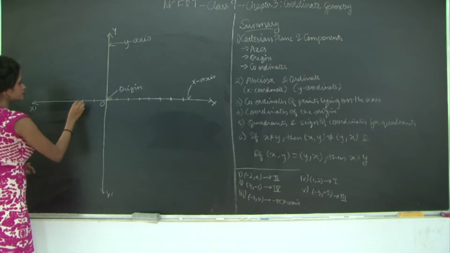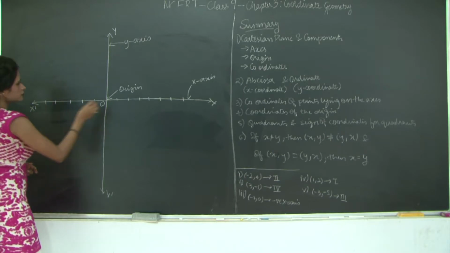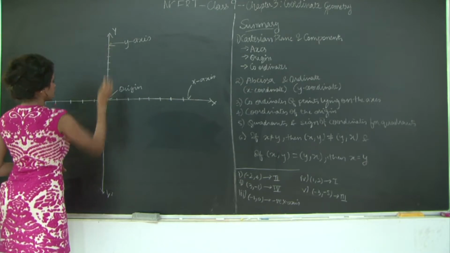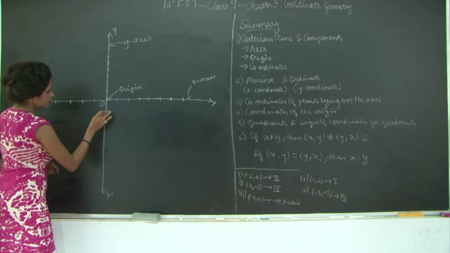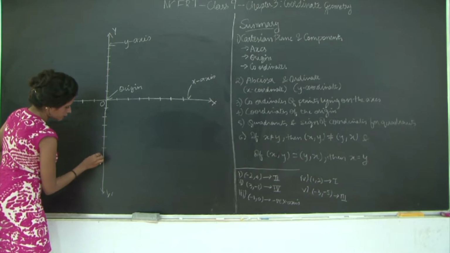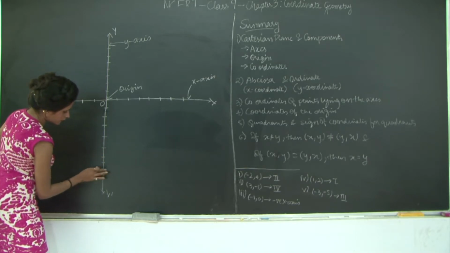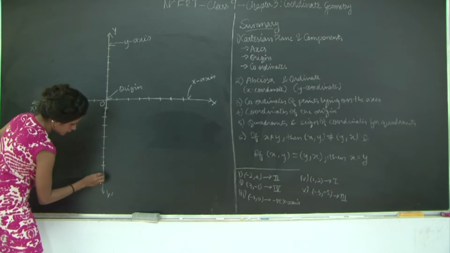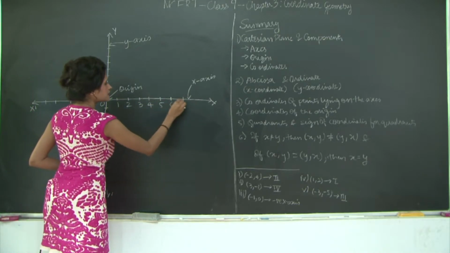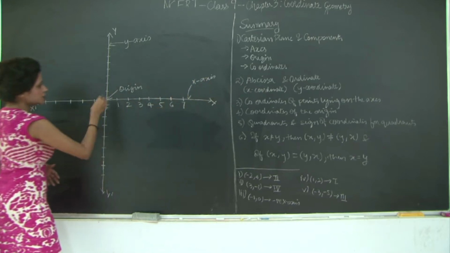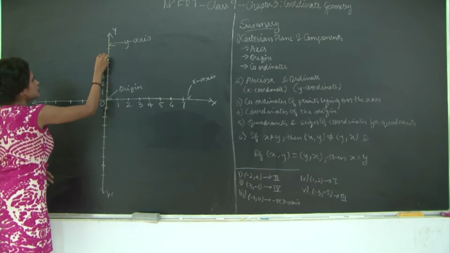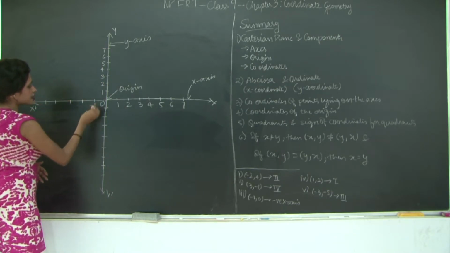Similarly over here and here. Right, so this will be 1, 2, 3, 4, 5, 6, 7 and it would keep extending infinitely, 2, 3, 4, 5, 6, and this is the negative side of your x axis.